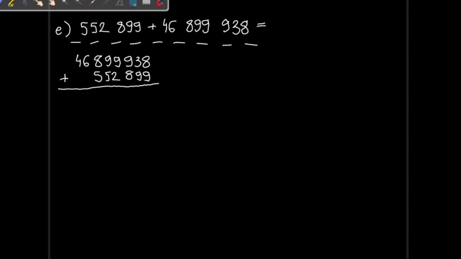Here's the line. And okay, we have 9 plus 8, which is 17. 9 plus 3 plus 1, which is 13. 8 plus 9 plus 1, which is 18. 2 plus 9 plus 1, which is 12. 5 plus 9 plus 1, which is 15. 5 plus 8 plus 1, which is 14. 0 plus 6 plus 1 is 7.